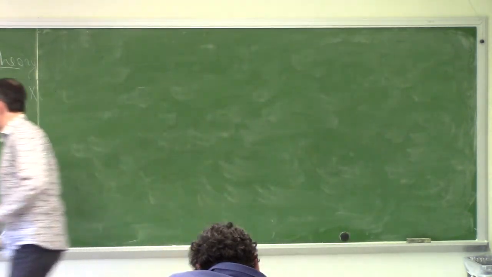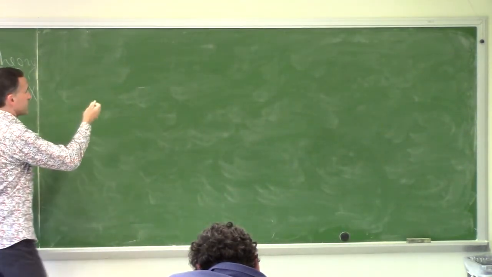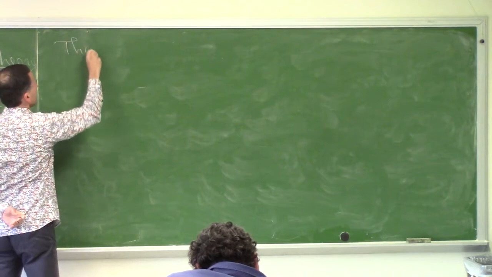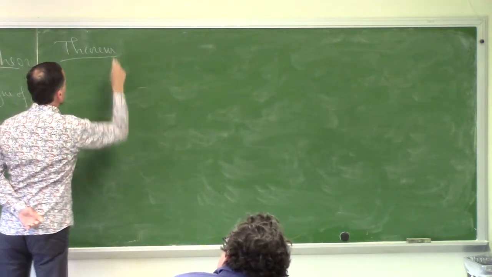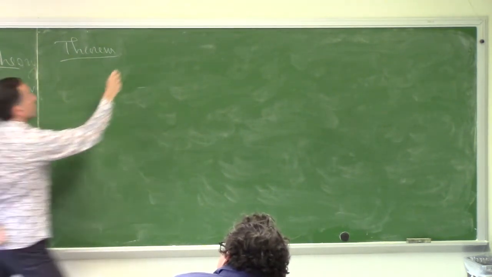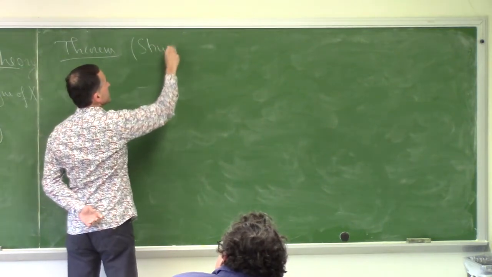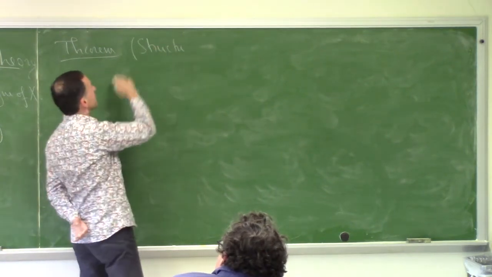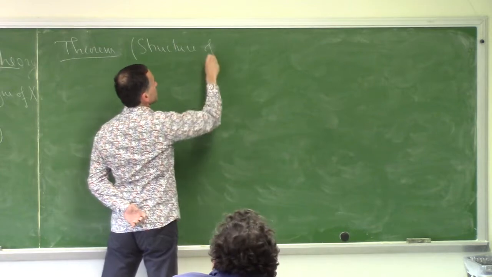Let me state the theorem that explains why it's the correct thing. So, theorem. Well, first of all, that's the structure of the Coulomb branch. Pre-theorem. It's a theorem, but it's a preliminary structure of the Coulomb branch.